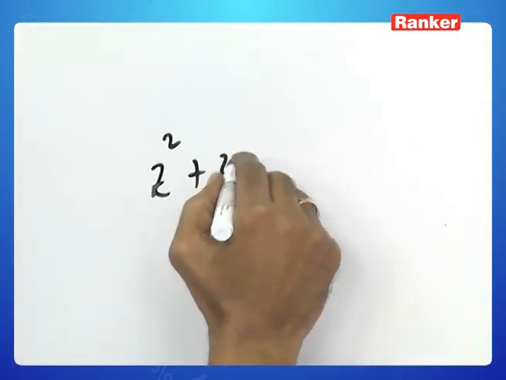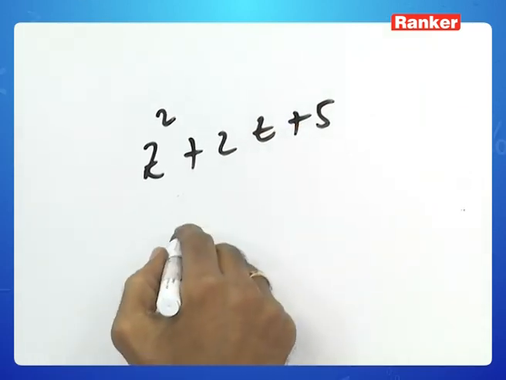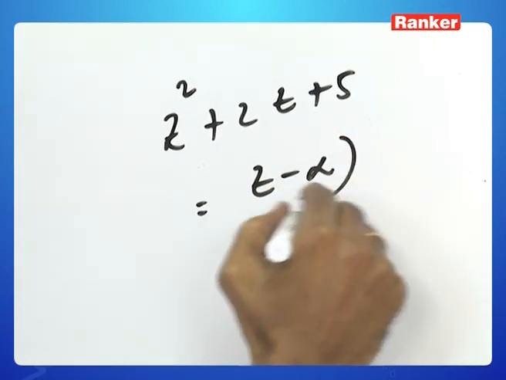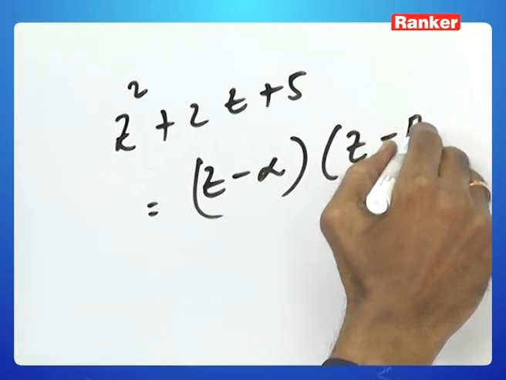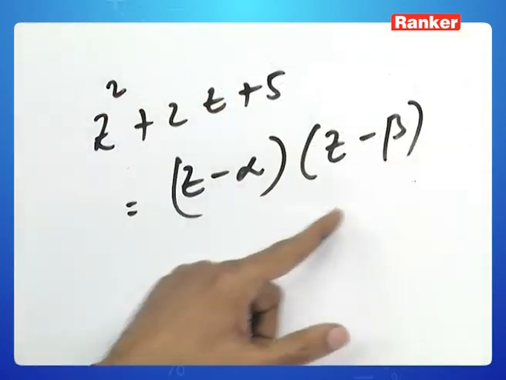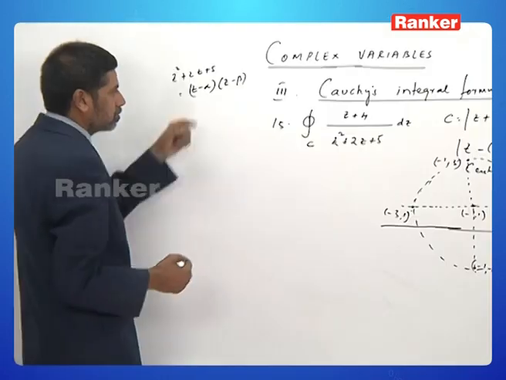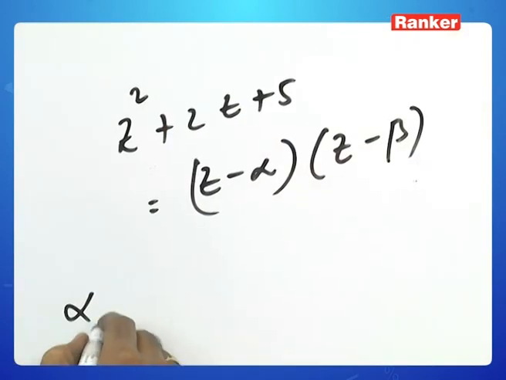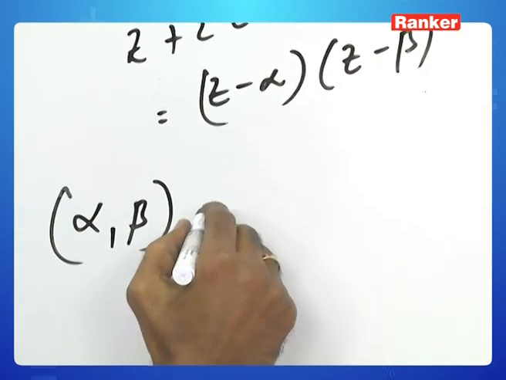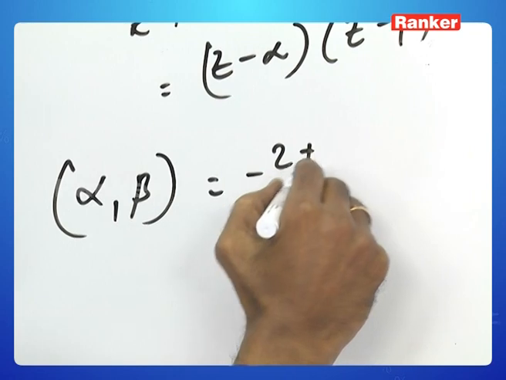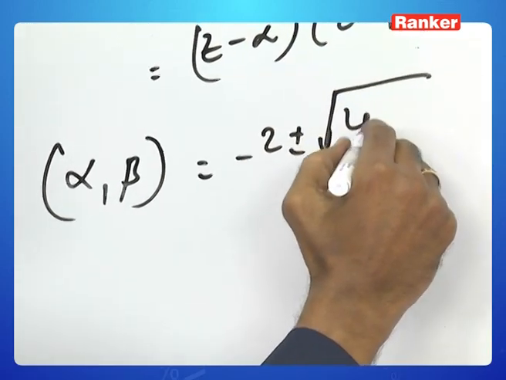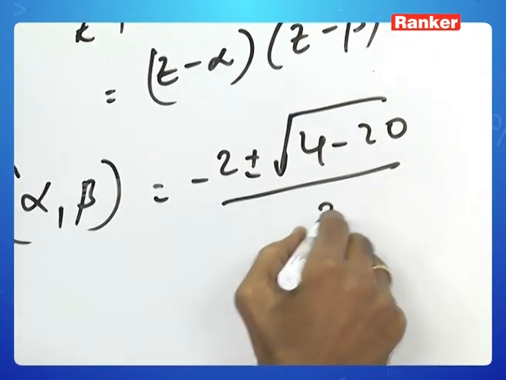z square plus 2z plus 5 can be written as z minus alpha into z minus beta, where alpha, beta have to be found. They are the zeros of this polynomial. So alpha and beta will be -2 plus or minus square root of 4 minus 20, by 2.